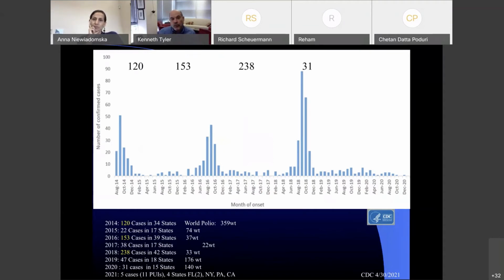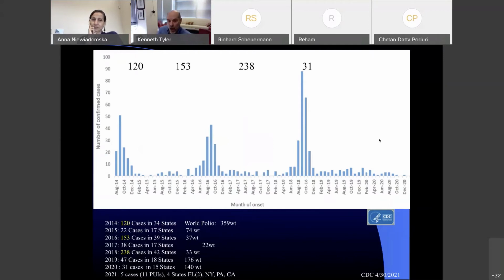The next spike was 153 cases in 2016. Quiet year in 2017, a big peak of 238 cases in 2018, and then things have been quiet. So it was a predominantly summer and fall seasonal pattern that occurred every other year.